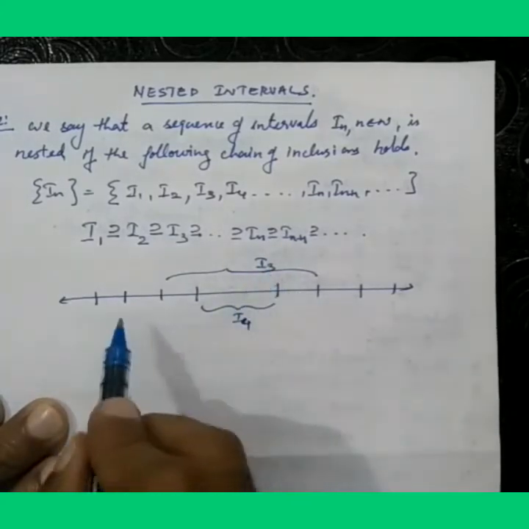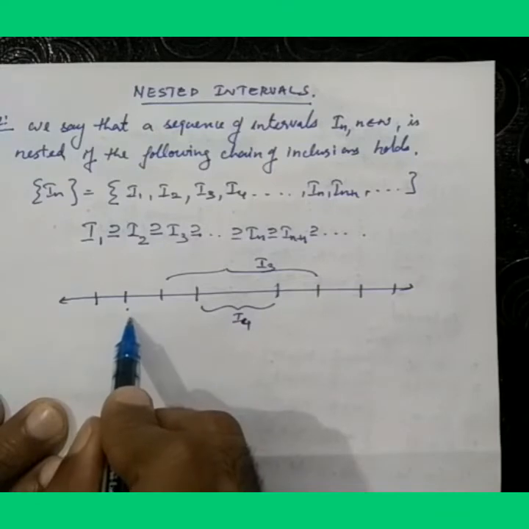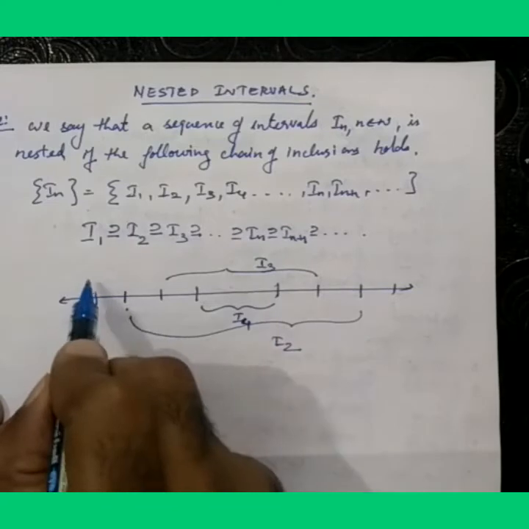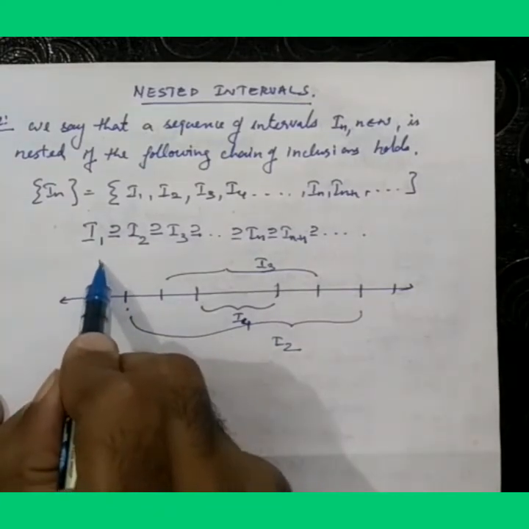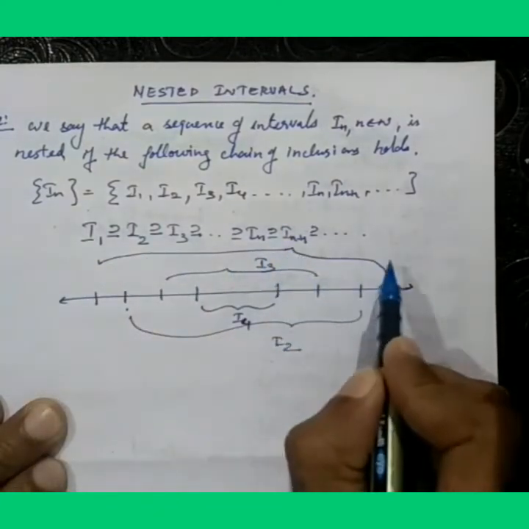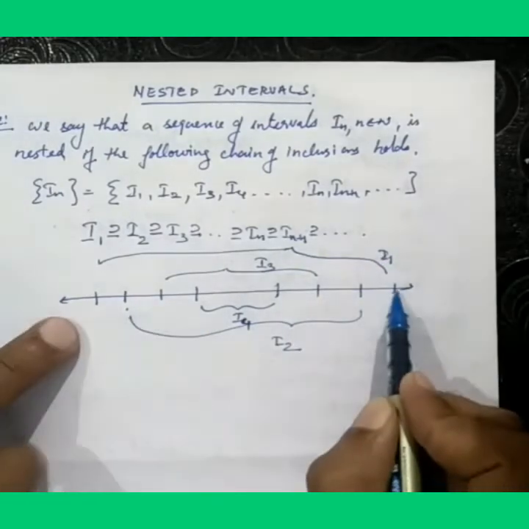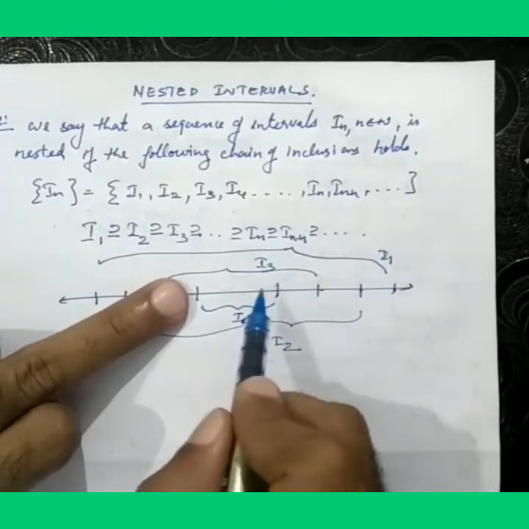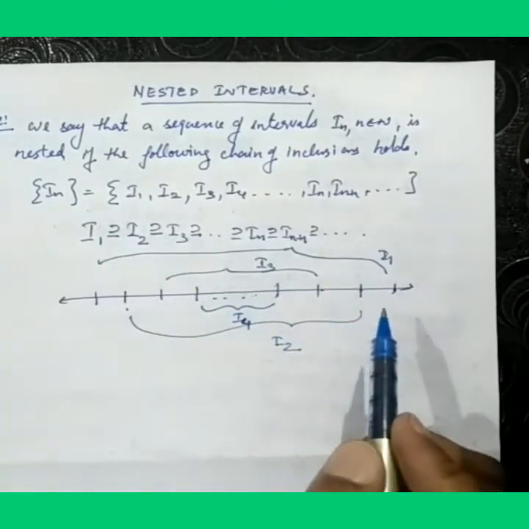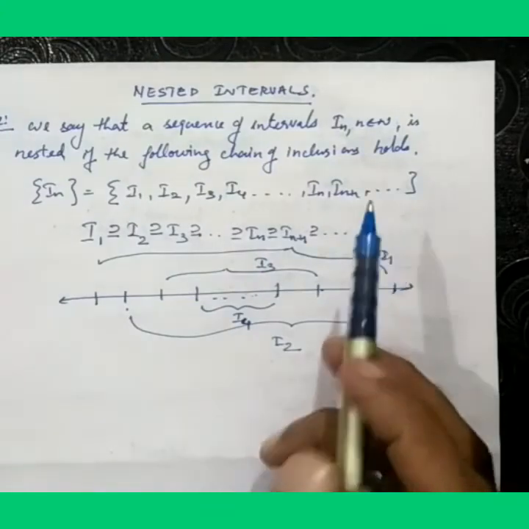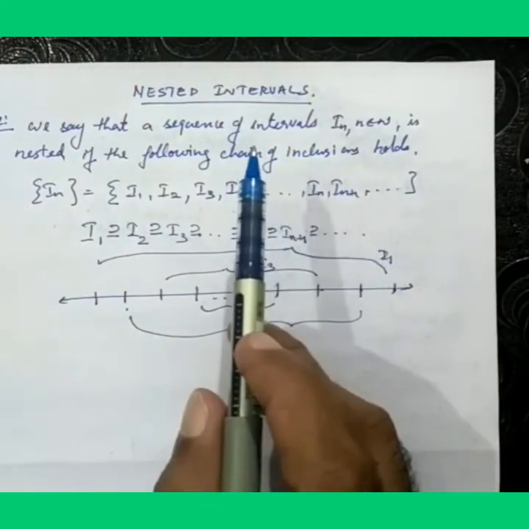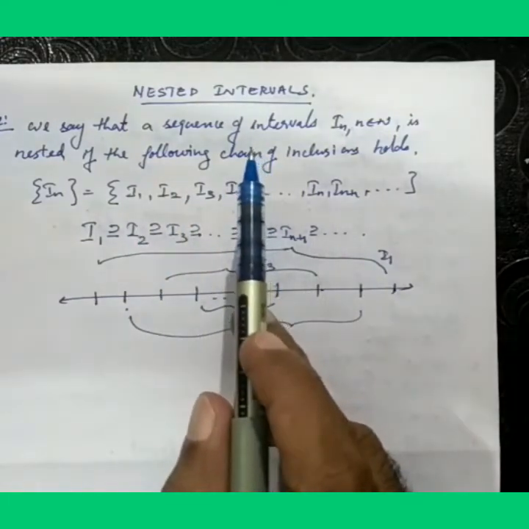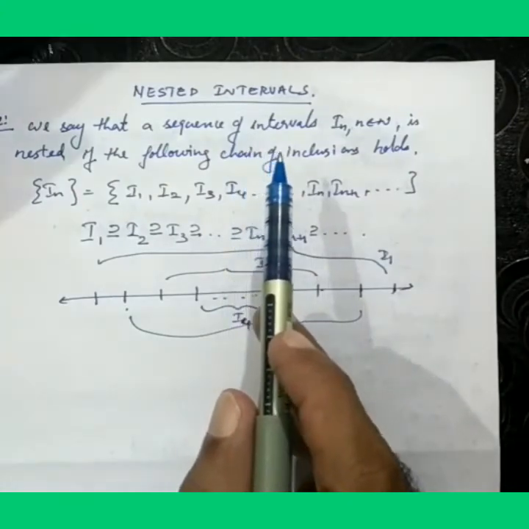So I4 is contained in I3, I3 is contained in I2, and I2 is contained in the first one. This is I1. So the bigger one is I1, that contains I2, that contains I3, that contains I4, and this goes on. So if a sequence of intervals I_n holds this particular property, then we say that it is a nested sequence of intervals.